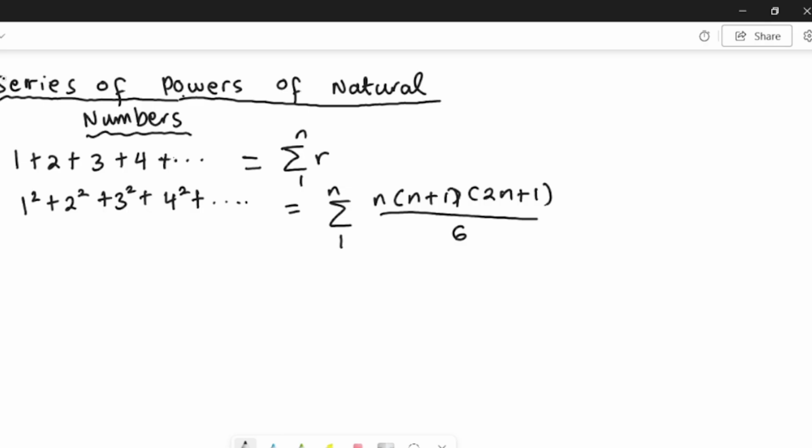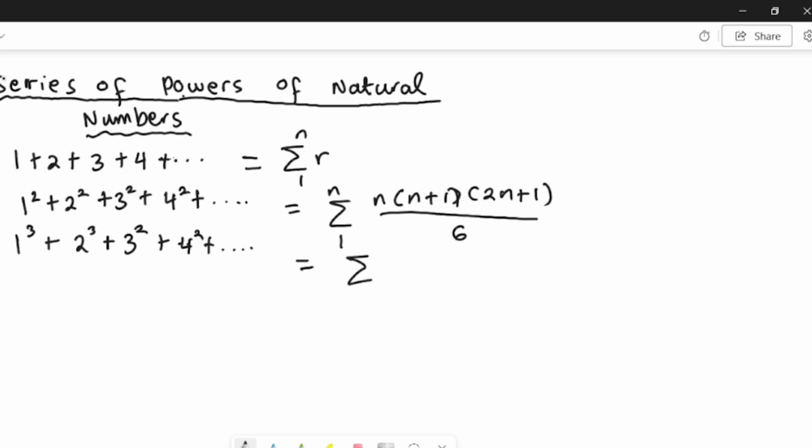And then thirdly, we have 1 cubed plus 2 cubed plus 3 cubed plus 4 cubed plus, and the series is continuous.